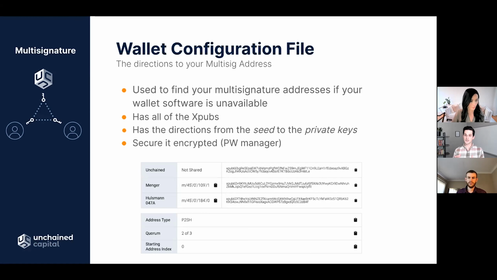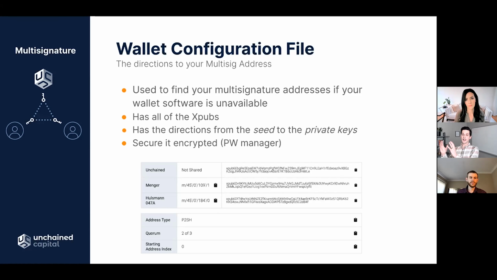And you can take this information and bring it to an external multisig coordinator or software, Caravan being one. The other popular coordinators would be Specter, Sparrow, Electrum, things like that. And you can restore or rebuild your multi-signature wallet.